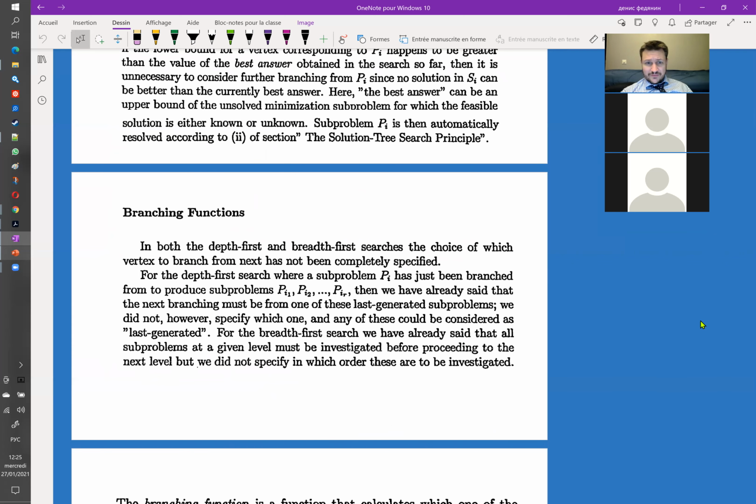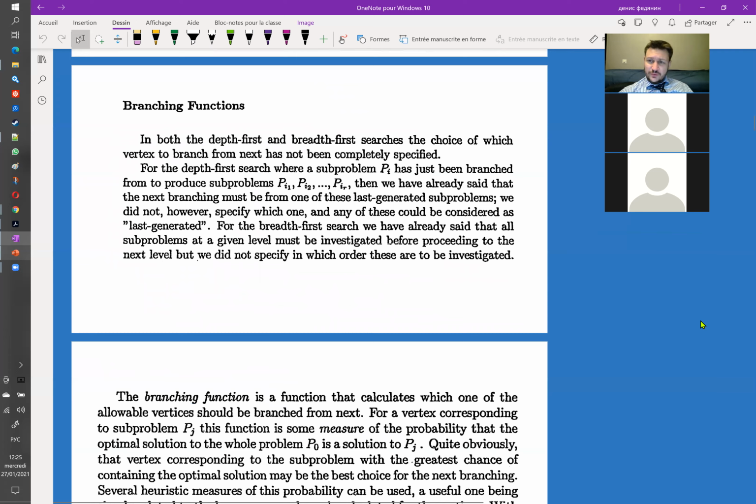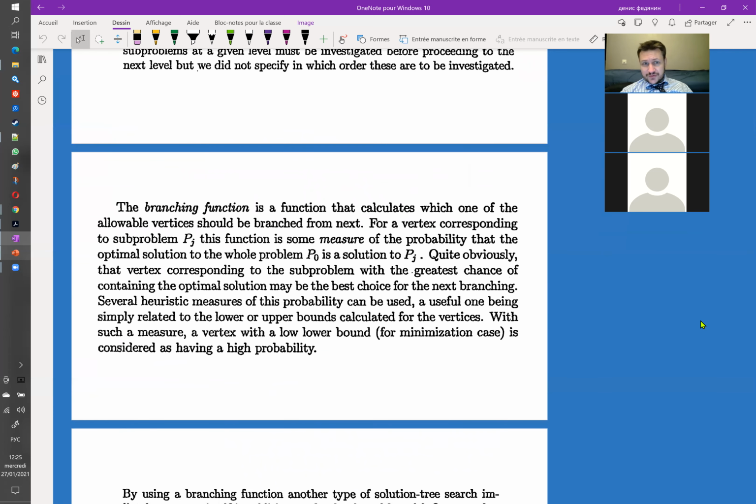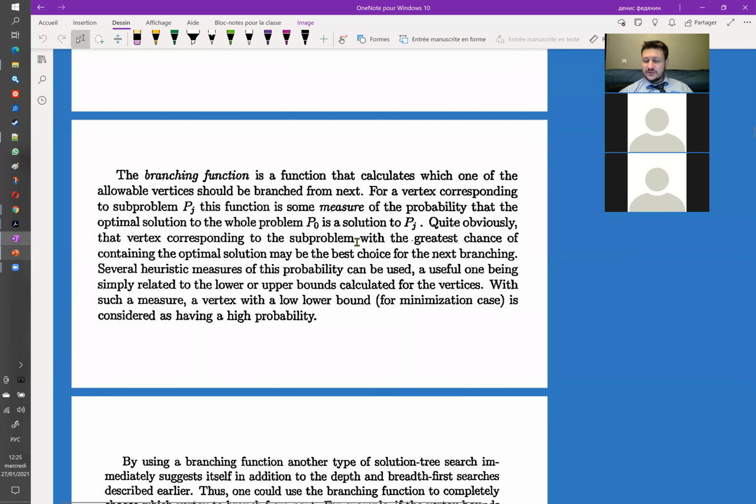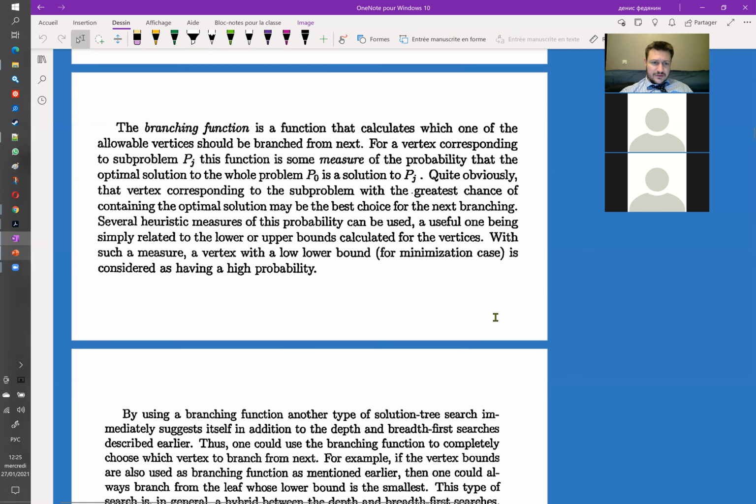So maybe I have some kind of probability. So we need ordering for this. So here is this description. You can find it in a file that I have already uploaded.